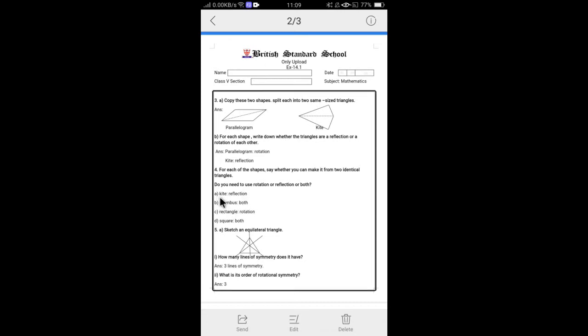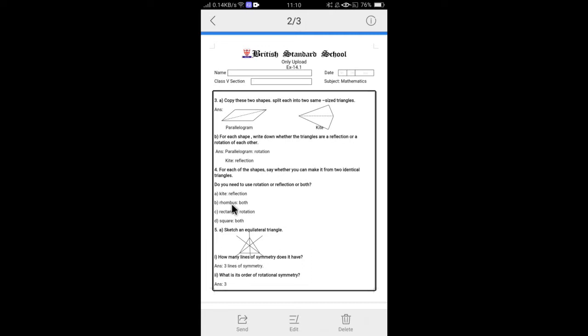For example, the first one, the kite, as you can see we have done it before, is reflection. And the rhombus, what is a rhombus? A rhombus is a shape with four equal sides, but the angles are not right angles.